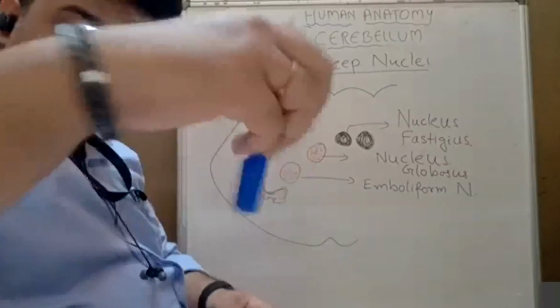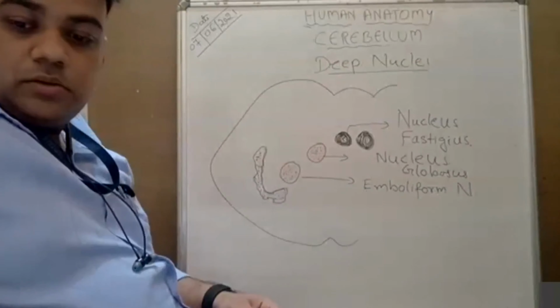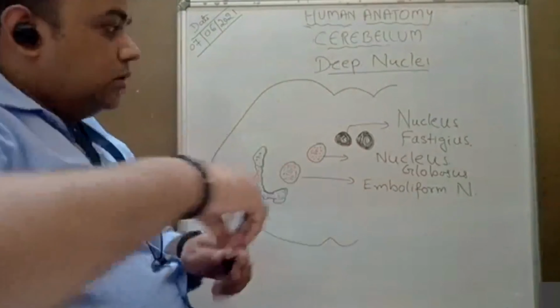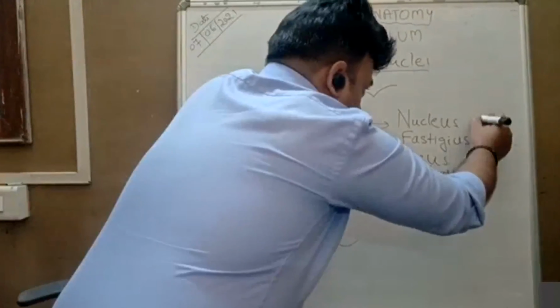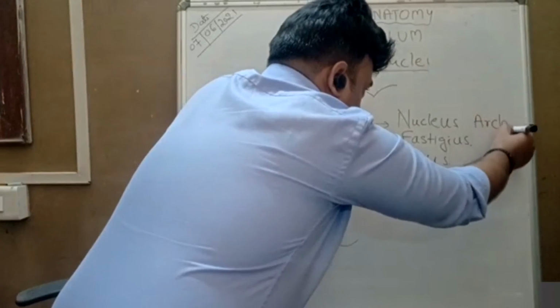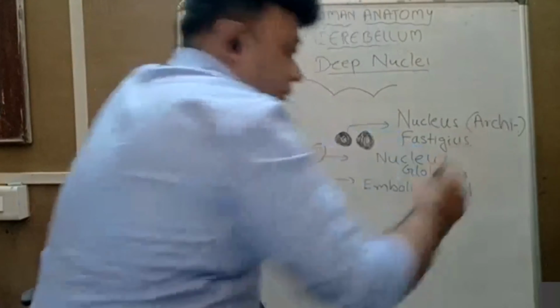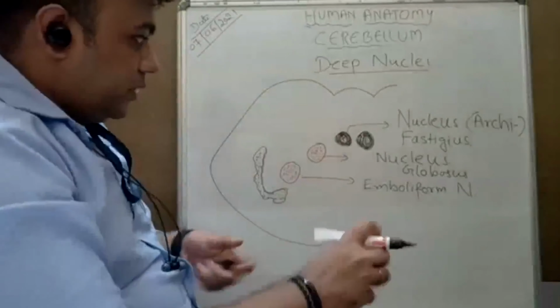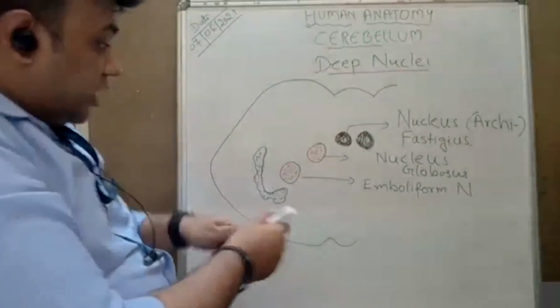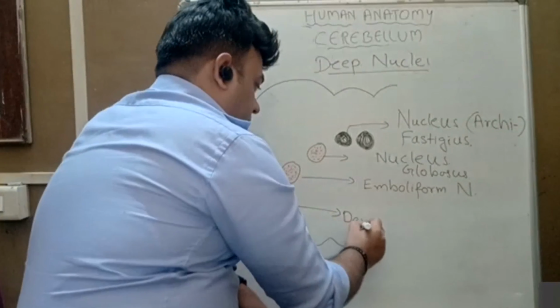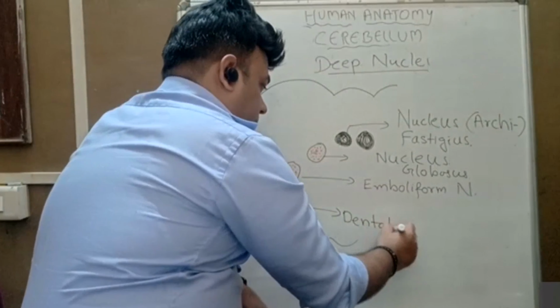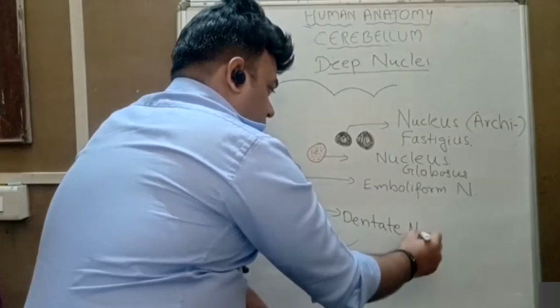So again, nucleus fastigius is part of the archicerebellum. I will write only in short. ठीक है. Okay, आज का nucleus का नाम. This nucleus is known as the dentate nucleus of the cerebellum. Dentate nucleus.